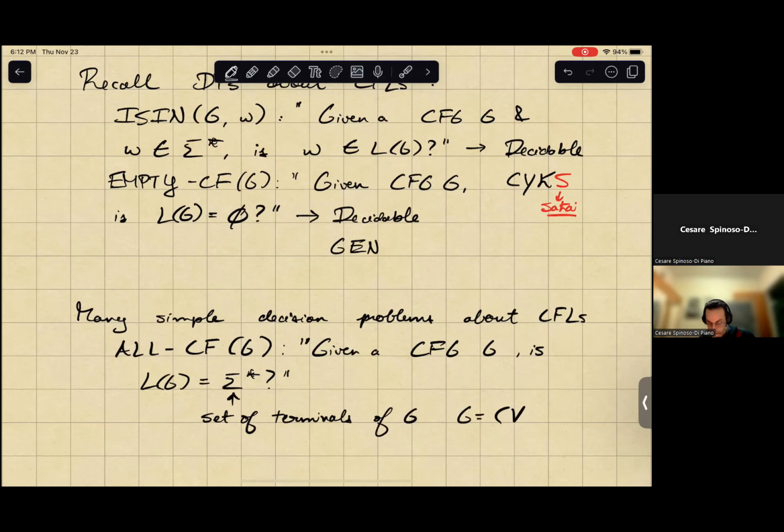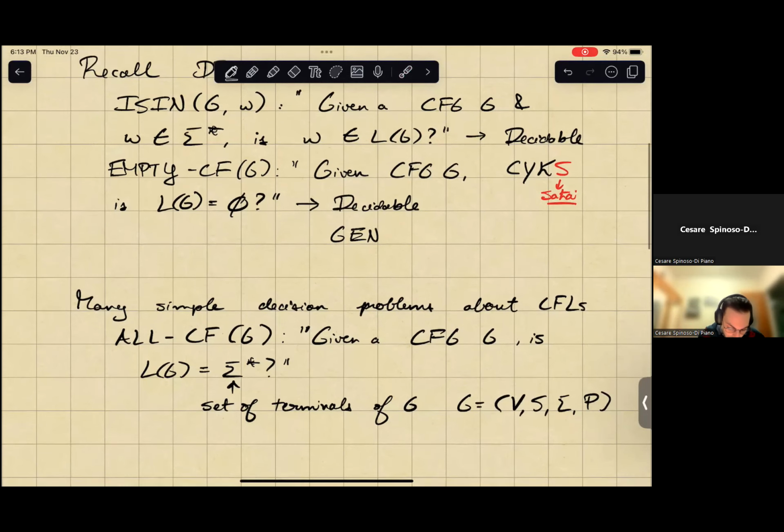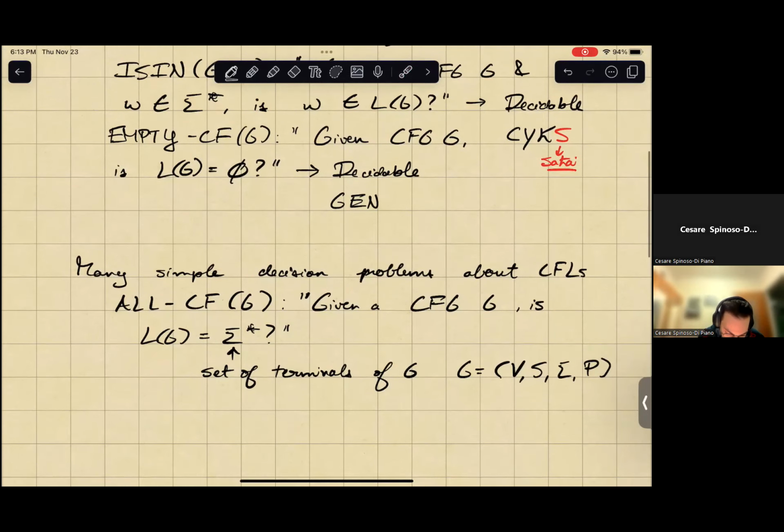I'll probably get some of the order backwards, but a set of variables, a start variable, a set of terminals, and a set of production rules. Right? And so what the all CF problem is asking is, given this context-free grammar, given this four-tuple, does L of G generate every possible string of terminals defined over this set of terminals? Okay, so that's the all CF problem. And it turns out that the all CF problem is undecidable. We will prove this in a second.